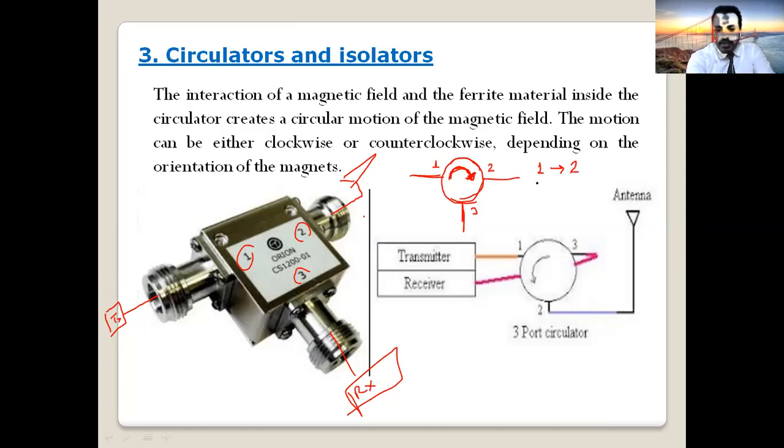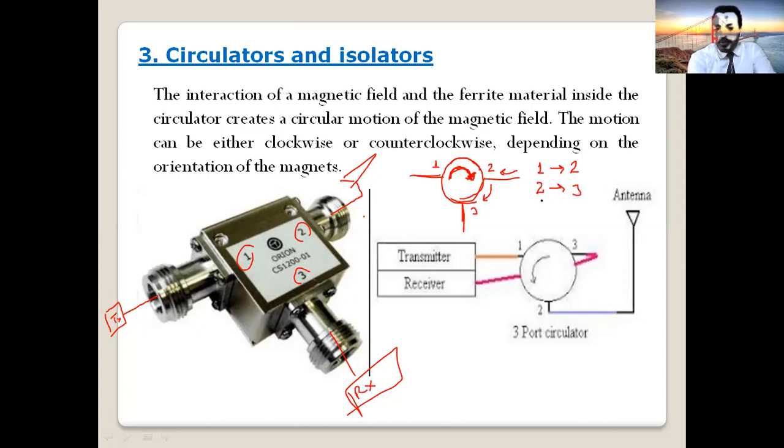What will happen if a signal comes from port 2 input? Now port 2, if it is input, where will be the output? Is it 1 or 3? Because it is clockwise circulator, if signal comes from port 2 side, it only goes to port number 3.